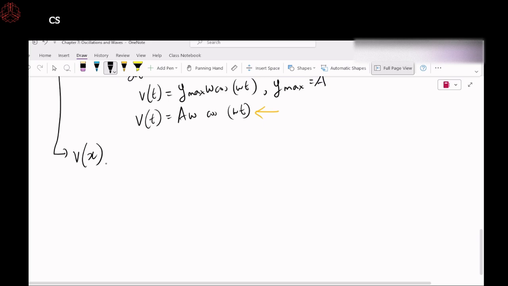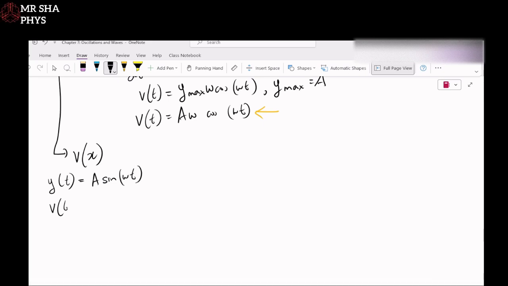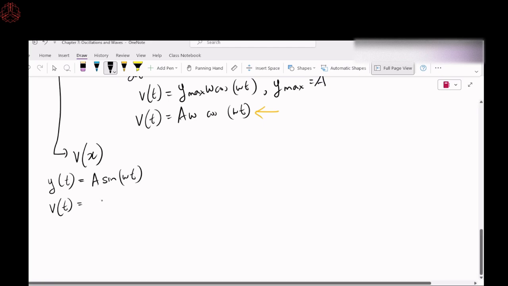Now, how do I find that? Well, I know my solution y(t) is simply A sin omega t. This is the first thing that I know. The second thing that I know is my v(t) is simply omega A cos omega t, right?